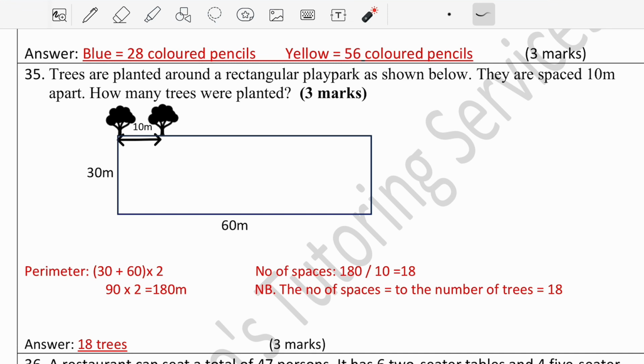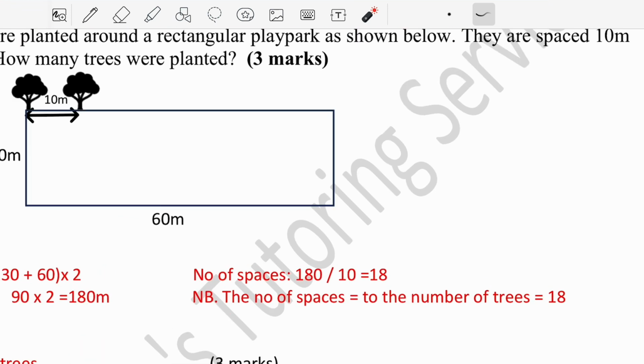So we can divide the total length by the spacing or space length. So let's put that here.